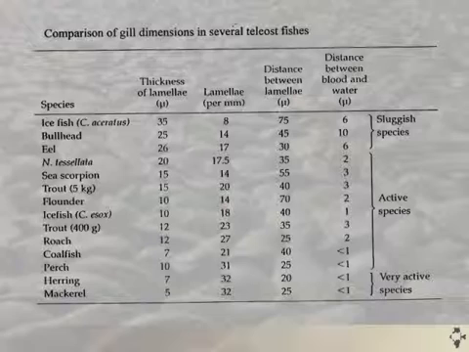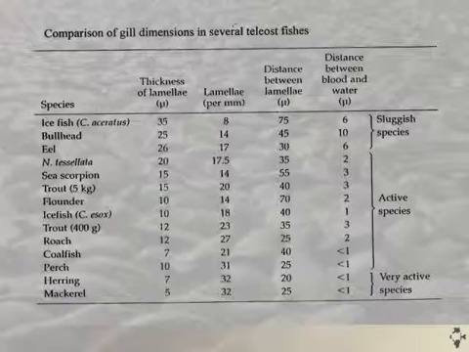Of course, if you have more secondary lamellae per unit length of primary lamellae, the distance between the secondary lamellae is going to decrease. So the sluggish species at the top have fewer of those secondary lamellar flaps along each of the primary lamellae, and they're more greatly spaced out. Of course, the species at the bottom of the figure have less space in between each of those lamellar flaps.